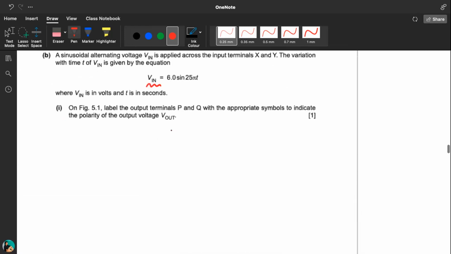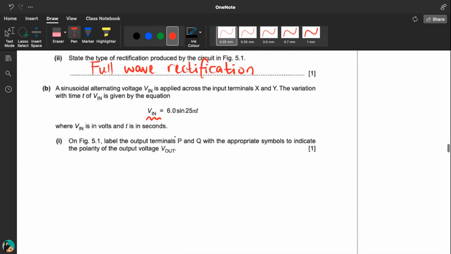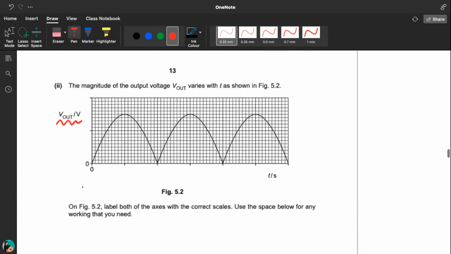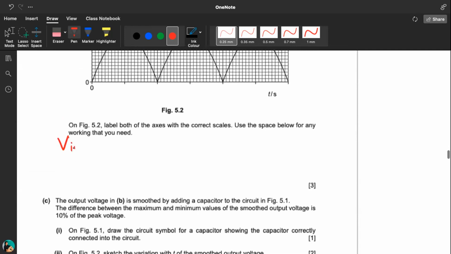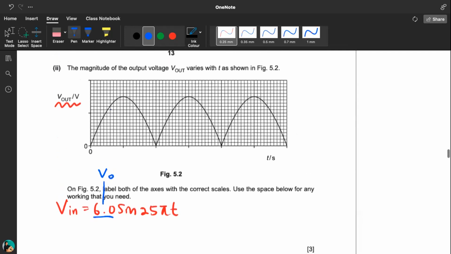So we're going to bring down the equation from here, 6 sine 25 pi t. Okay, Vin equals 6 sine 25 pi t. So the peak voltage, that's the V naught, should be 6.